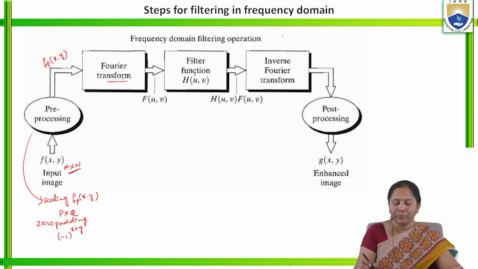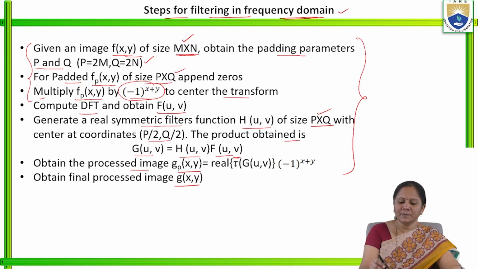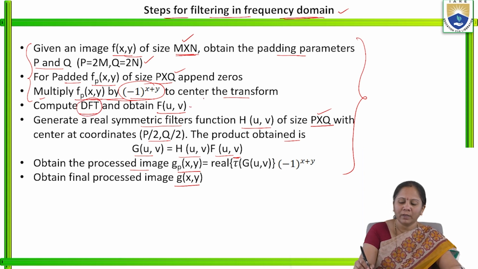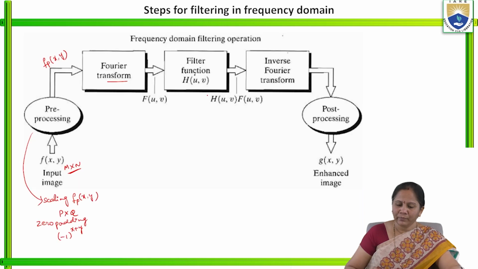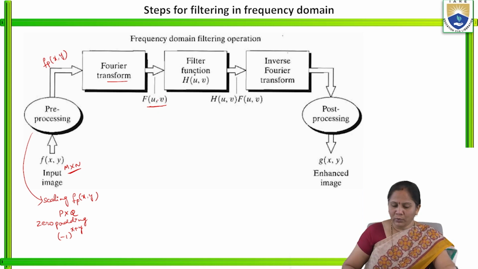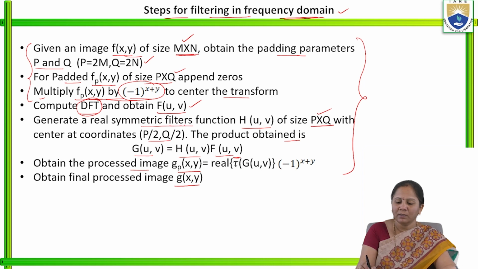Fourier transform. Up to here it is completed. If the discrete Fourier transform is done, the output we are getting is f of u comma v. We have seen the function f of u comma v is equal to an equation, which is an important equation. After f of u comma v, the next step is that we have used a symmetric filter whose function is h of u comma v.